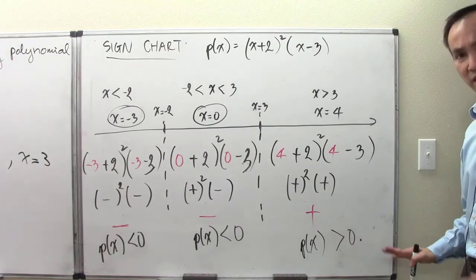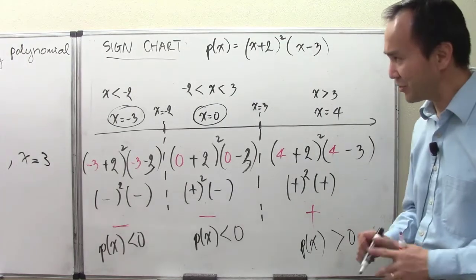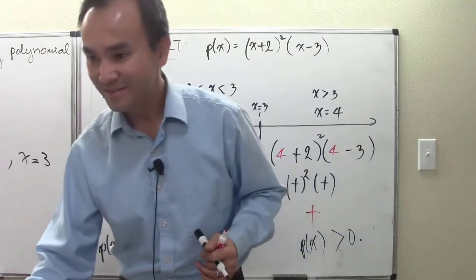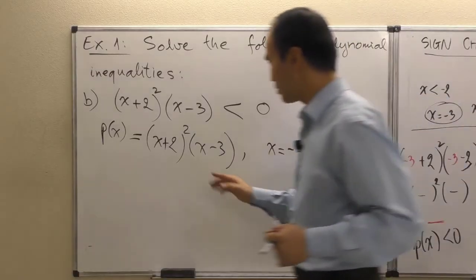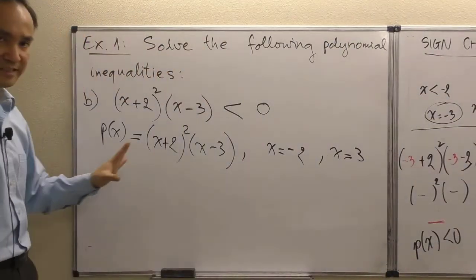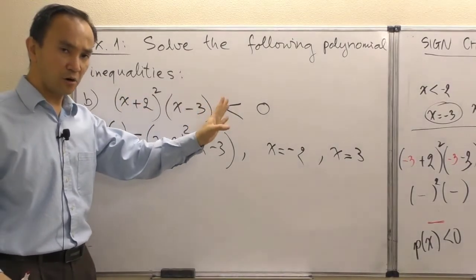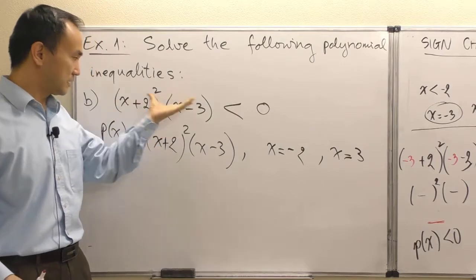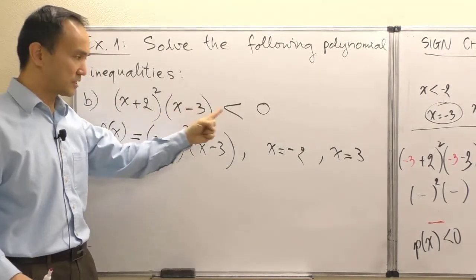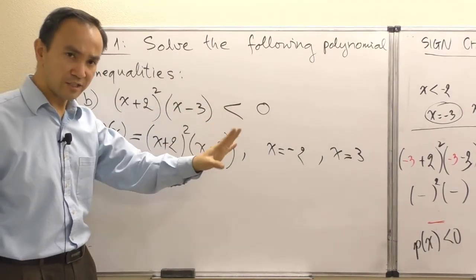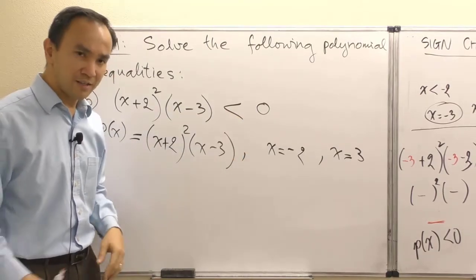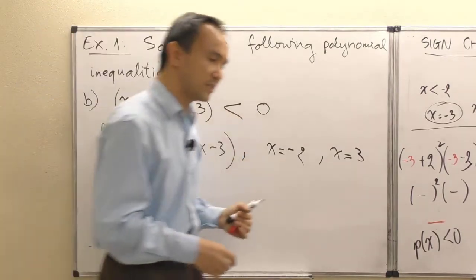Okay, so now we have enough to conclude. The example at the beginning was asking us to find the interval or the intervals where the entire polynomial is less than 0. And it's a strict inequality this time, less than 0. So have we got our answers?